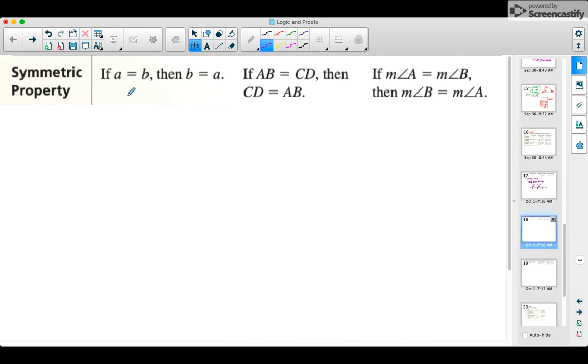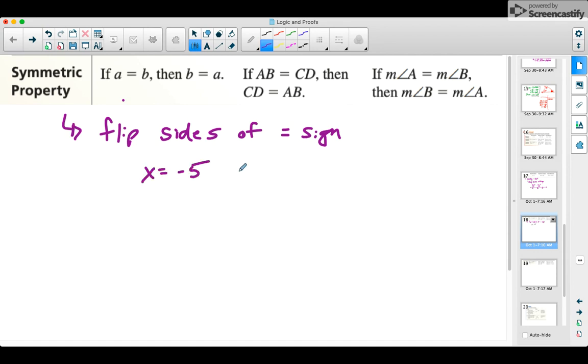Symmetric property is another thing that you already know, but you probably didn't realize you knew. It just means that I can flip sides of the equal sign and nothing changes. Meaning, if I have x equals -5, that's the exact same thing as saying -5 equals x.